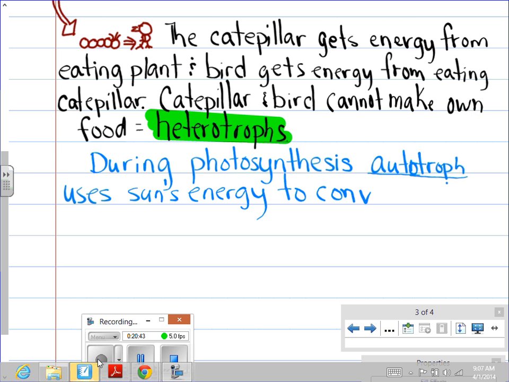To convert. What do plants use? What do plants need besides sunlight? Water, carbon dioxide.